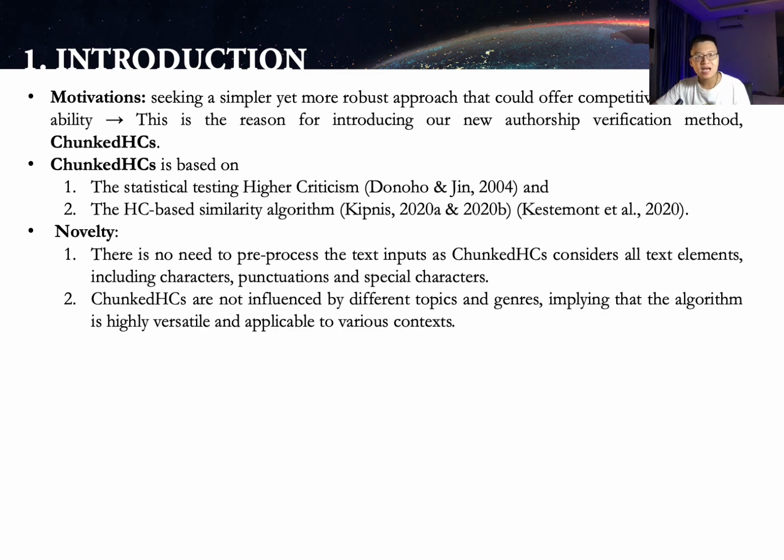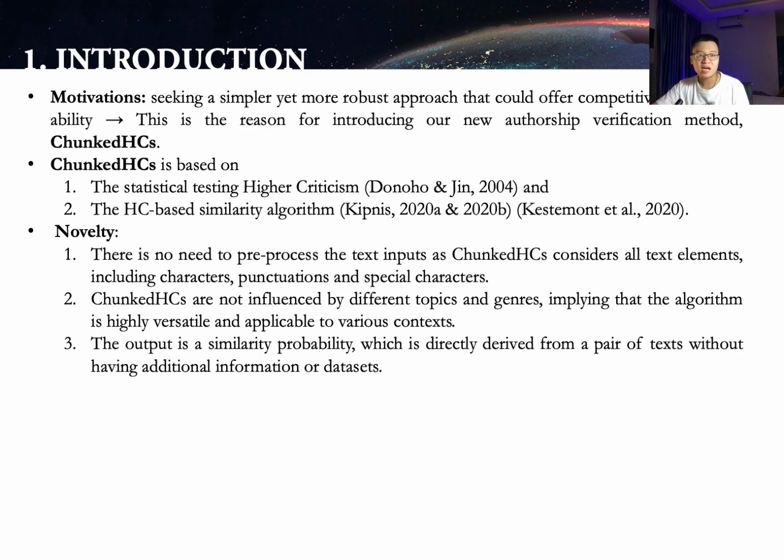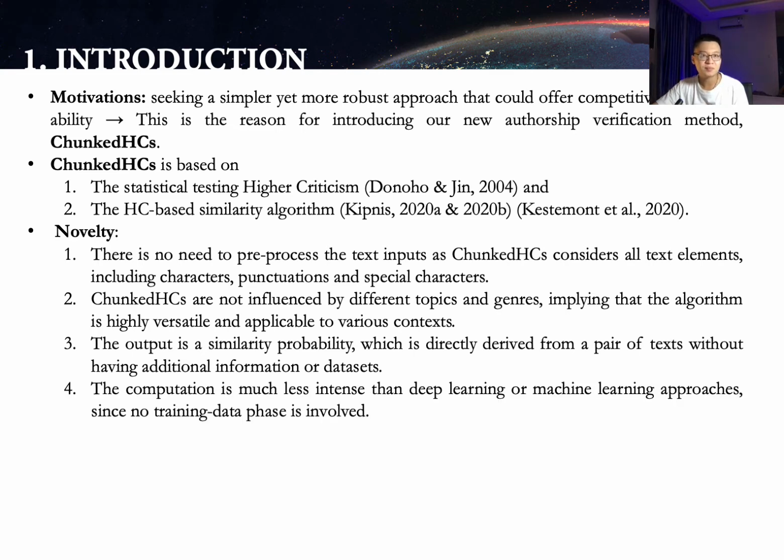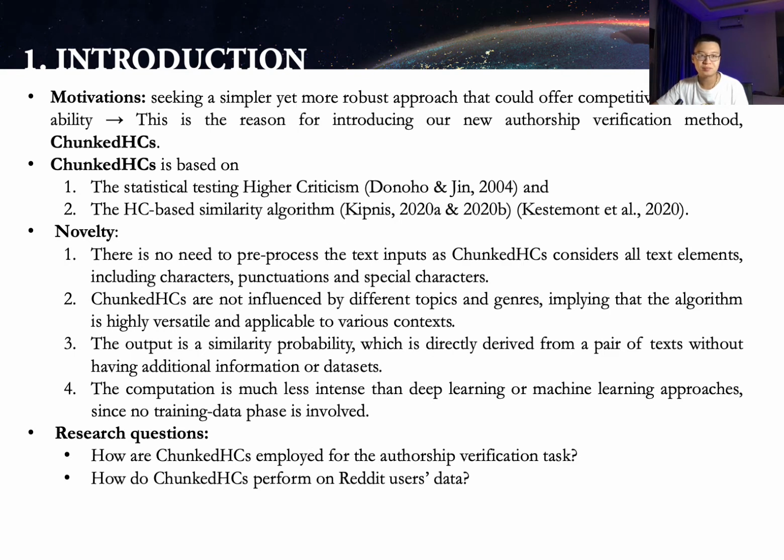ChunkedHC is not influenced by different topics and genres, and the algorithm is highly versatile and applicable to various contexts. The output is a similarity probability, derived directly from a pair of texts without additional information or datasets. The computation is also quite light.